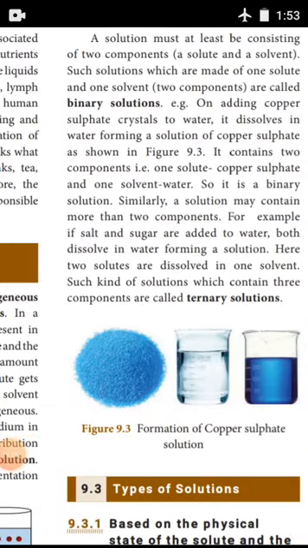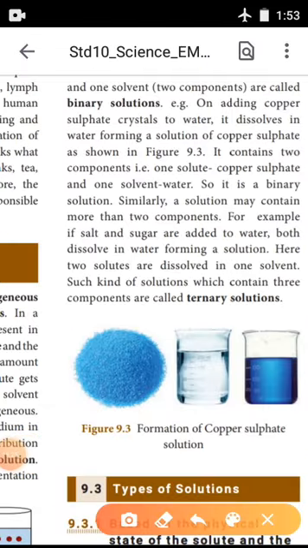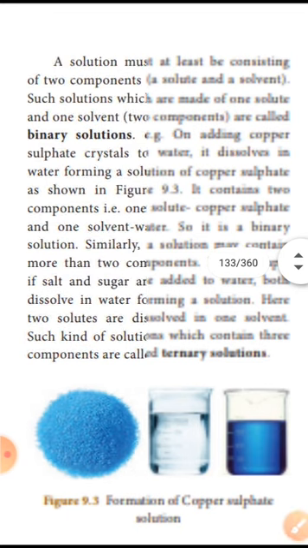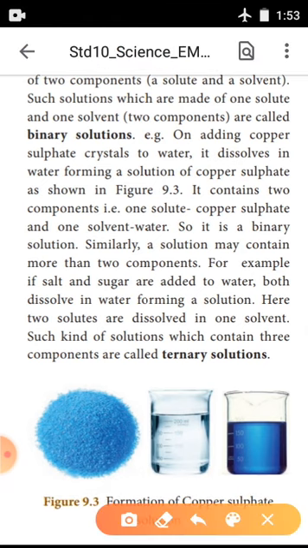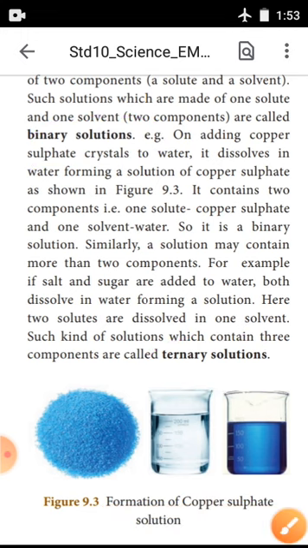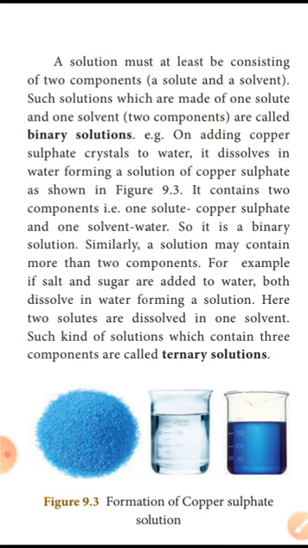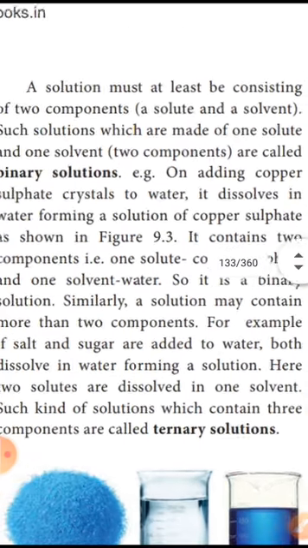Okay, and see the next paragraph. From the paragraph we are going to learn the components of solution and types of solution. One is binary solution, another one is ternary solution. Already we studied what are the components of solution. The components are two substances, one is solute, another one is solvent.